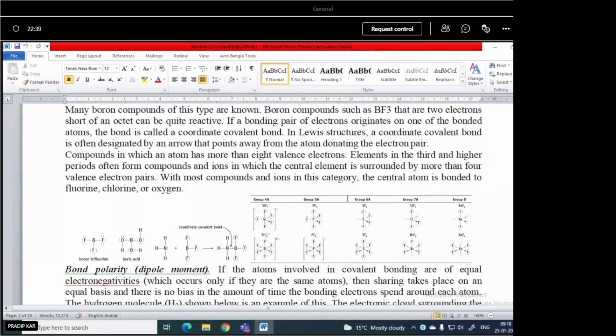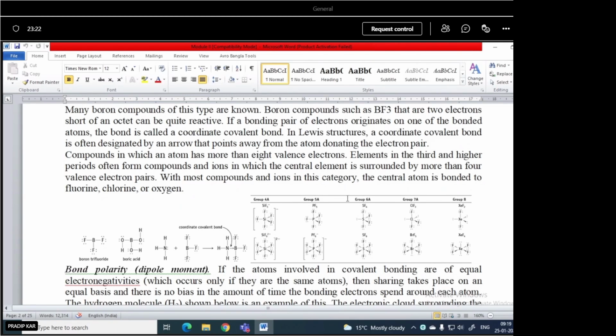Here both are hydrogen centers, so the electrons are shared equally, 50-50, by both centers. But if we think about HCl, in that case the chlorine atom has more electronegativity than hydrogen. So the shared pair is not equally shared by these two. Rather, due to the higher electronegativity of chlorine, it is shifted a little towards chlorine, meaning chlorine shares more.